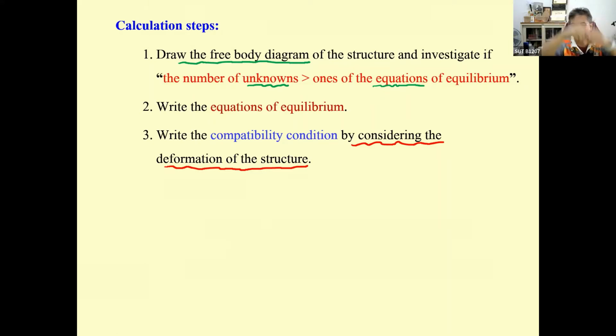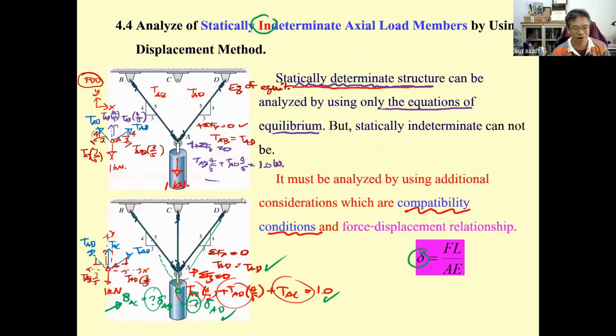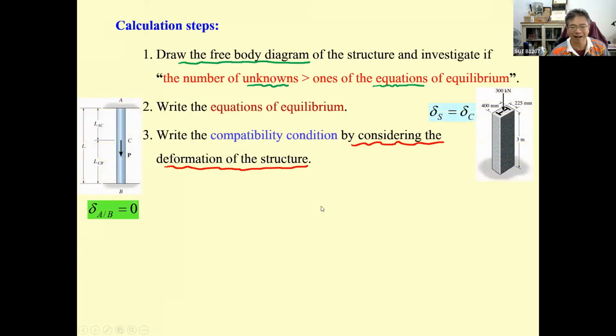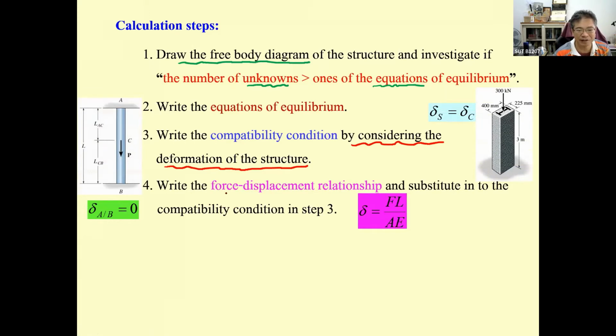For the 3 cables, all of the cables will be based on the movement of point A to A prime, point A to this new one. This is due to 1 kilonewton. This one is going to be A prime. All of this will have one common variable, and then you plug in the force displacement relationship to get this one.